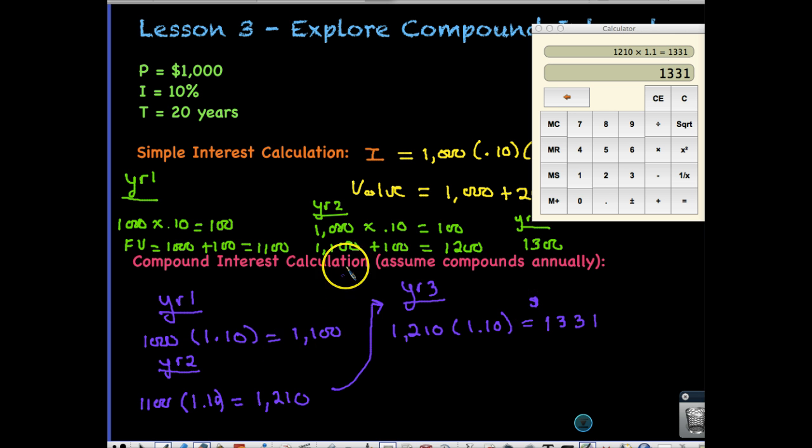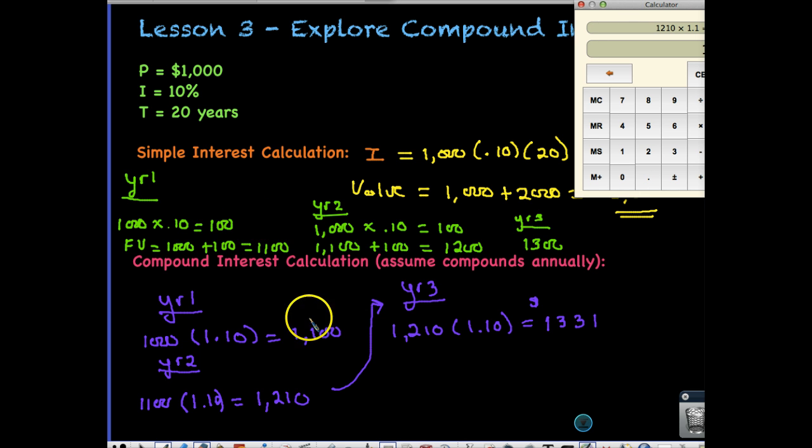So you can compare this to simple interest, and you can see that in year 1 it was the same because we are compounding annually. But in year 2, using simple interest, we only had $1,200. Using compound interest, we had $1,210. In year 3, we only had $1,300, but using compound interest, we had $1,331. And this would continue on and so forth.